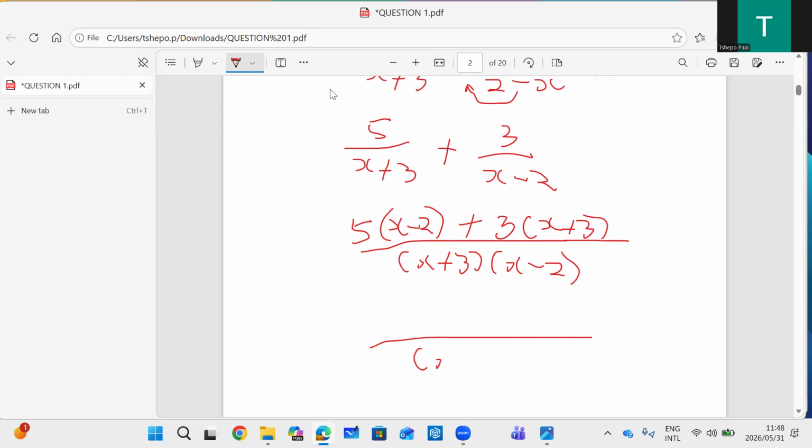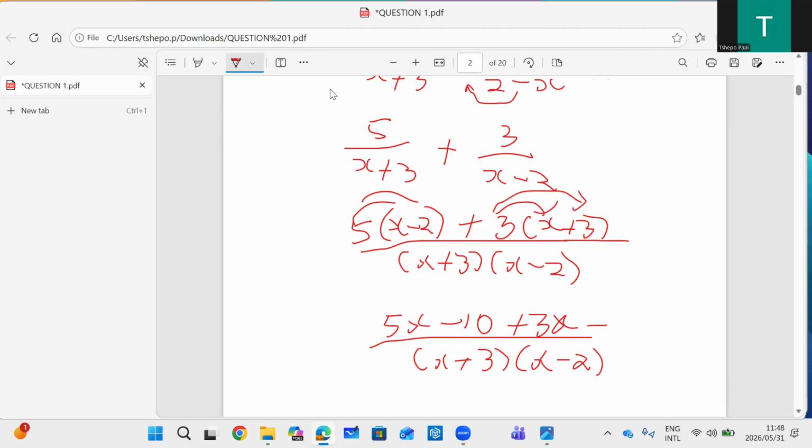Down there we have x plus 3, x minus 2. Now remove the bracket. 5 times x, it's 5x. 5 times minus 2, it's minus 10. 3 times x, it's 3x. 3 times 3, that gives us 9.